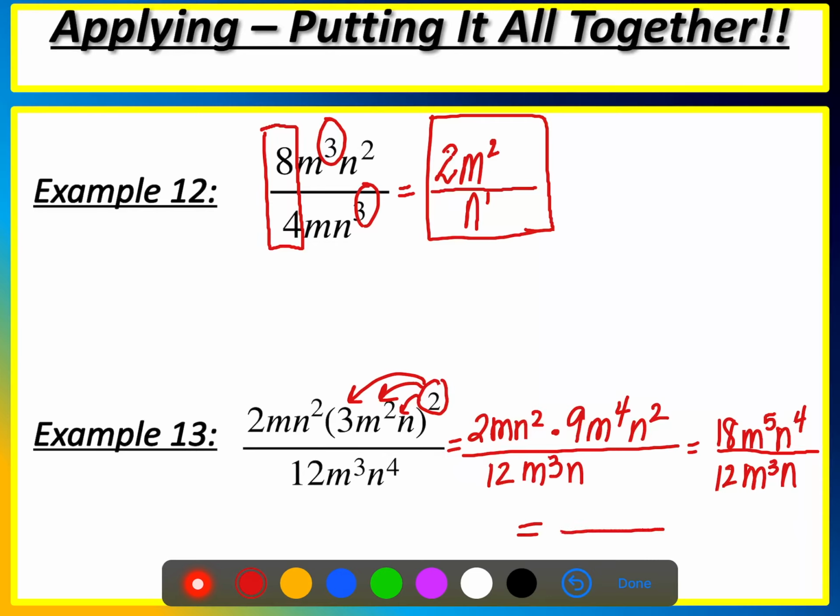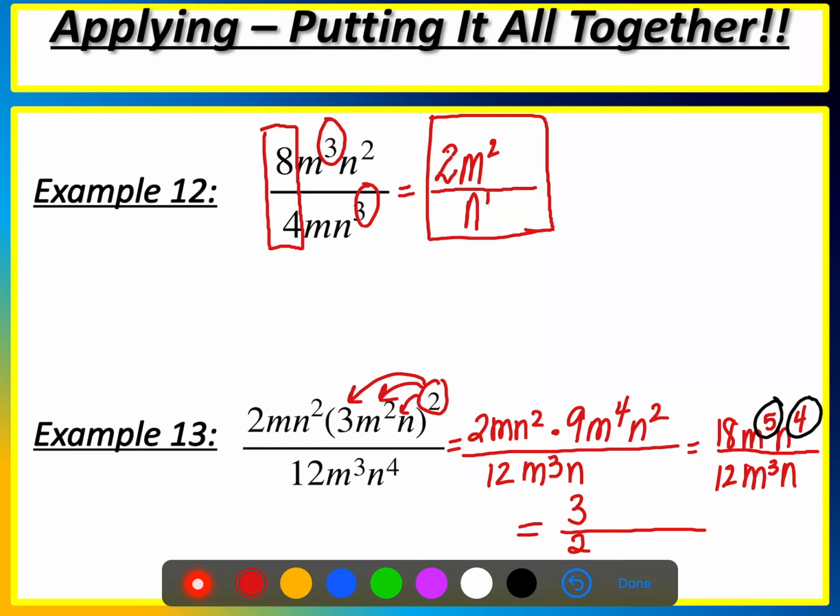So divide or reduce my coefficients. So what goes into both 18 and 12? Because they're not going to divide evenly. But I can reduce them both by 6. So 3 over 2. And then subtract my like term variables.